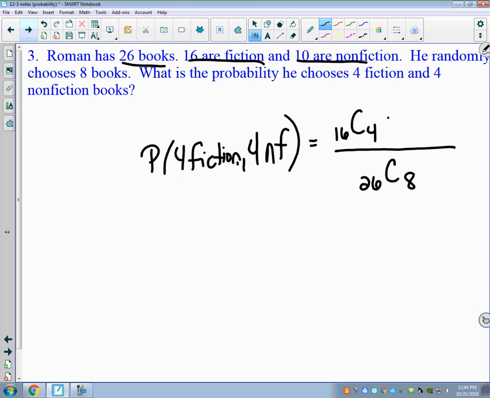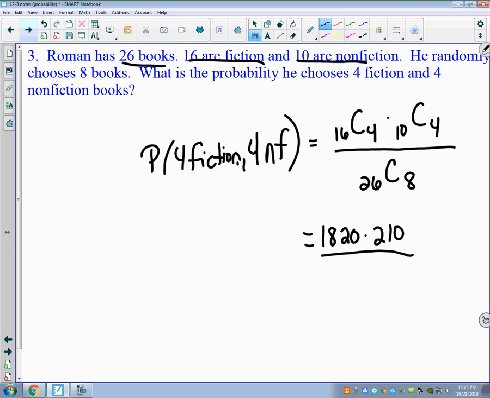So how many different ways can we do this? There are 26 books and we're choosing 8, kind of like the lottery way that we did. But for fiction and nonfiction, there are 16 fiction, and we're choosing 4, times there are 10 nonfiction books, and of those 10 we're also choosing 4. We choose the books, but because they all have different titles, this is why it's going to be different.